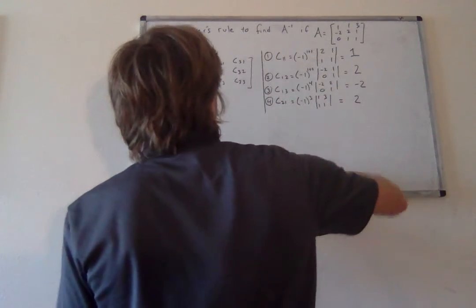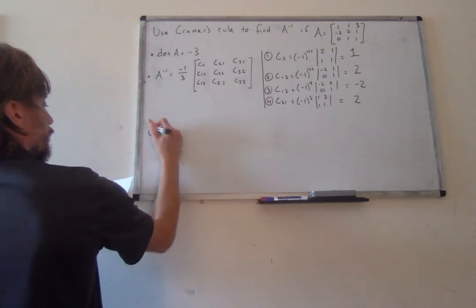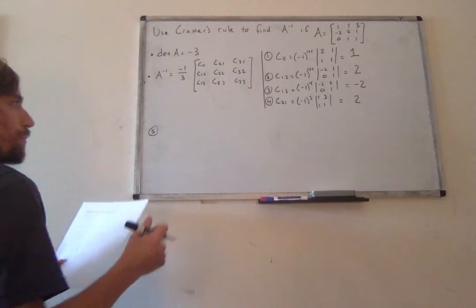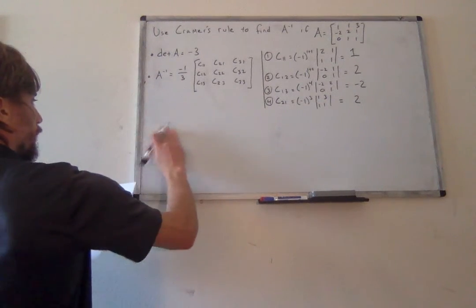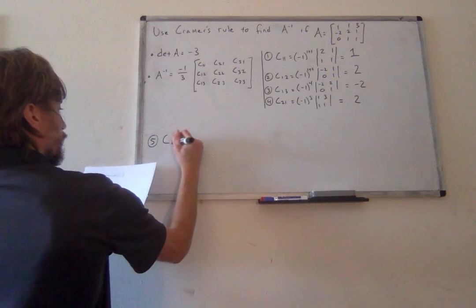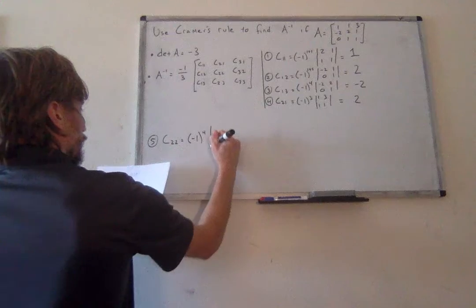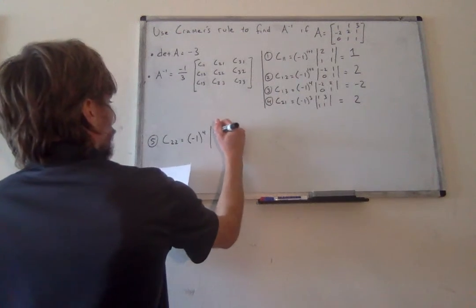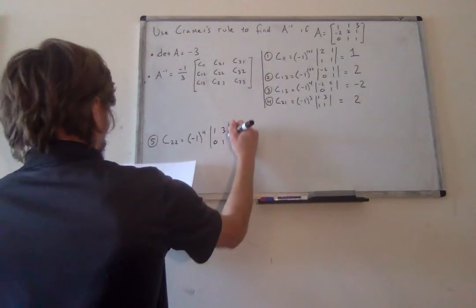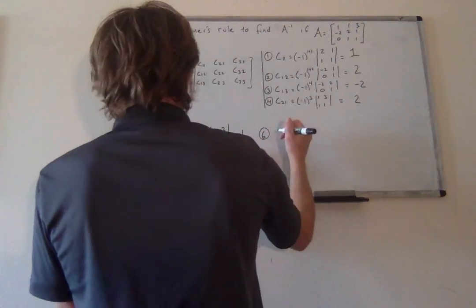Probably going to need a little more room here, so I'll bring this down here. 5. C22 is equal to negative 1 to the 4th times the determinant of 1, 3, 0, 1, which equals 1. 6.